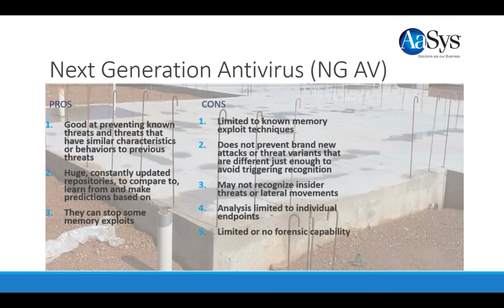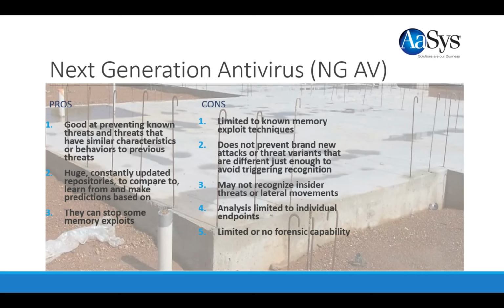True zero-day threats that are different enough from known threats may get through. It doesn't recognize lateral movements, such as an intruder who's moving around your network and probing for weaknesses. Analysis is limited to event patterns on individual endpoints and not all across the different endpoints. It's designed to recognize and stop known threats and their variants, so next-gen antivirus doesn't provide the forensic capability to determine what's happened if somebody does get past it.